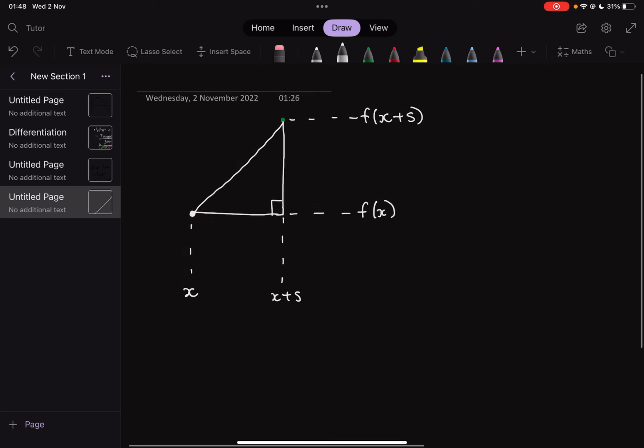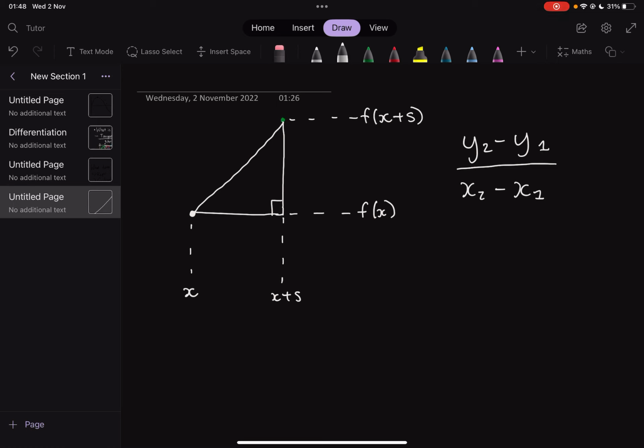Now, if you recall, the gradient is y2 minus y1 over x2 minus x1. And now we can plug these 4 values in.